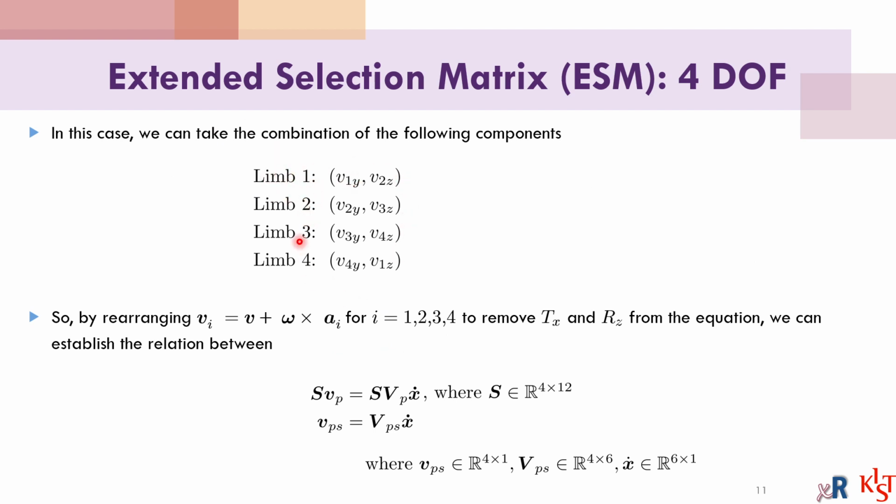In this particular case, we take this combination, and by arranging this relation for the 4 points, with the condition that removes the X translation and Z rotation from the equation, we can establish the selection matrix. With this final equation, we have the relationship between the nominal velocity of the moving plate, obtained by combining different points, and the Cartesian velocity, with the appropriate dimension.